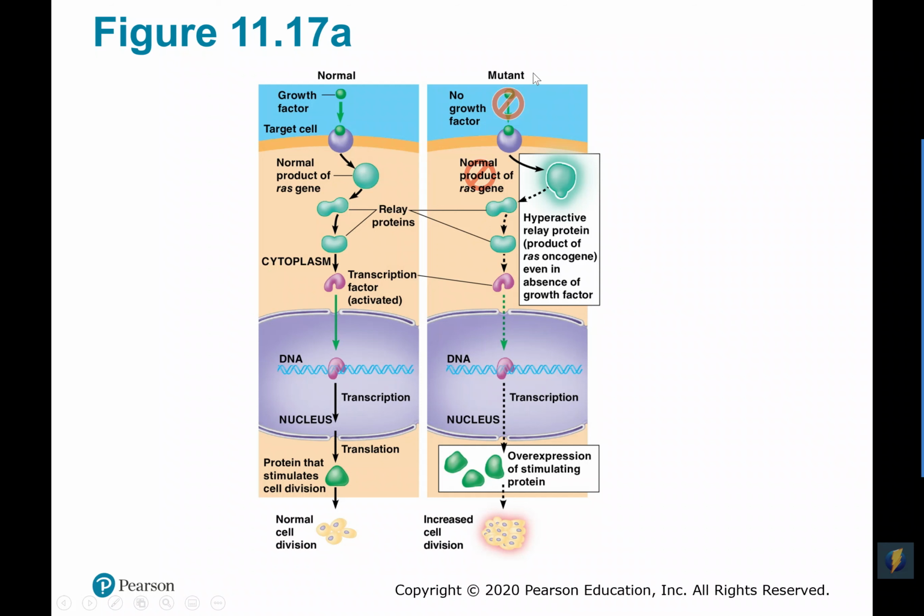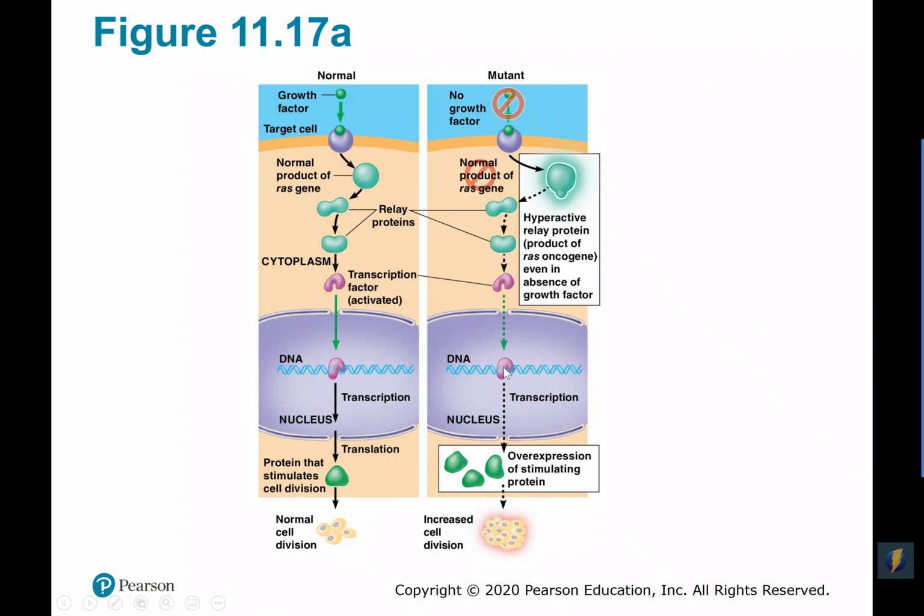But here, in our mutant, there is no growth factor that has been produced. The gene for that growth factor did not get activated. And so rather than the normal product of this gene, we get this hyperactive relay protein. It's an oncogene.